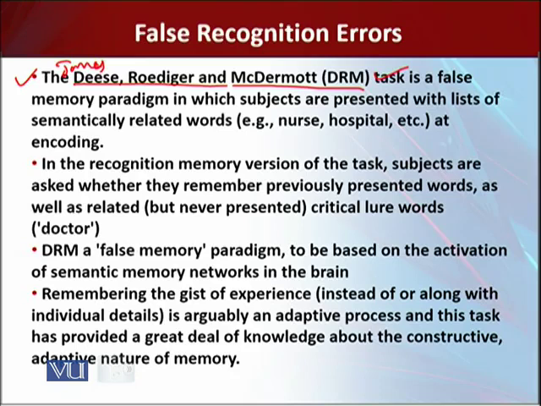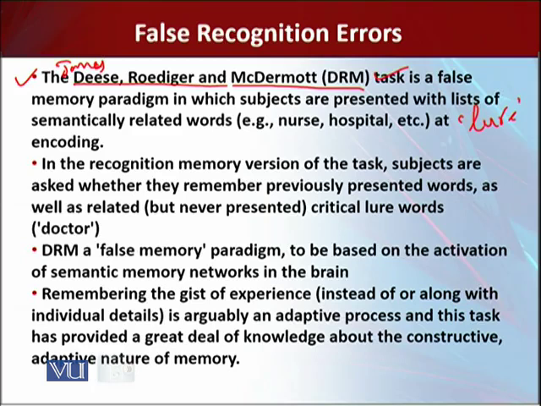Typical results show that subjects recall a related but non-presented word, sleep. So in the list, which consisted of bed, rest, awake, tired, dream, wake, snooze, blanket, and so on, the word sleep was missing, but the subjects recalled the word sleep, which was not presented. This kind of phenomenon is known as a lure, which means tempting them to some piece of information which is either ambiguous or not present, with the same frequency as other presented words.